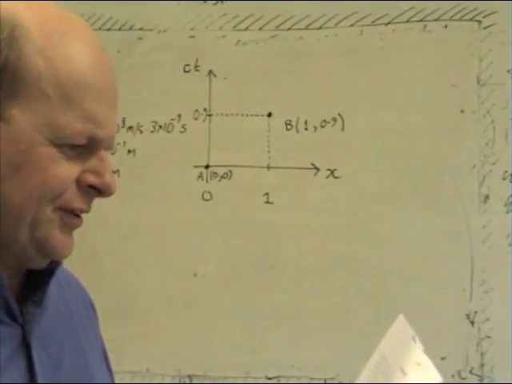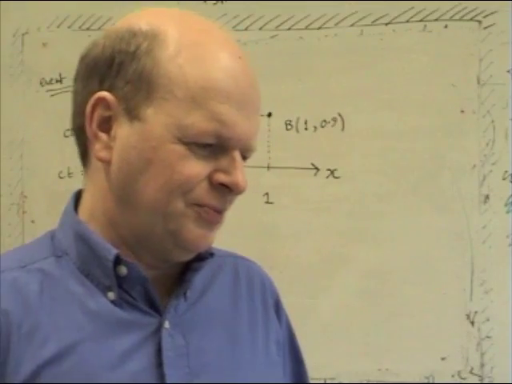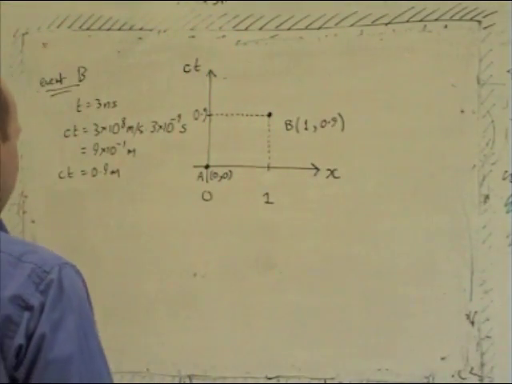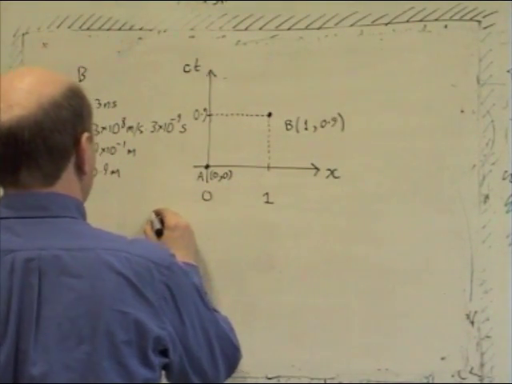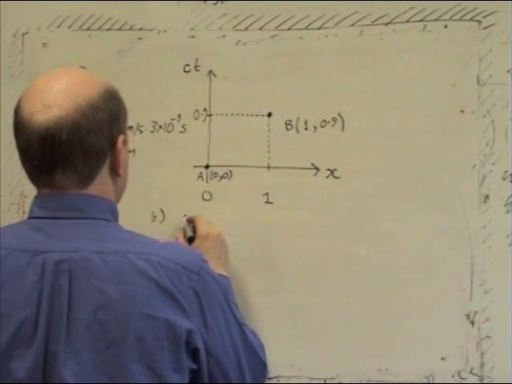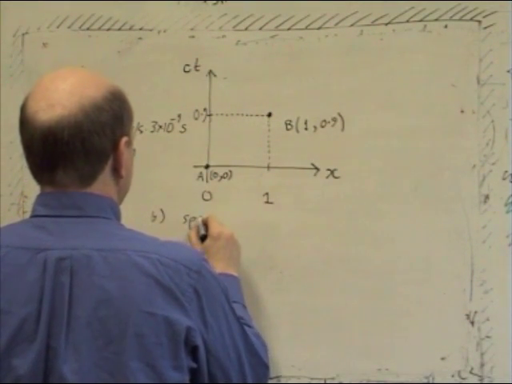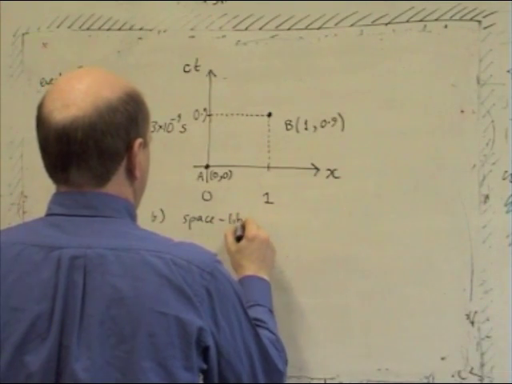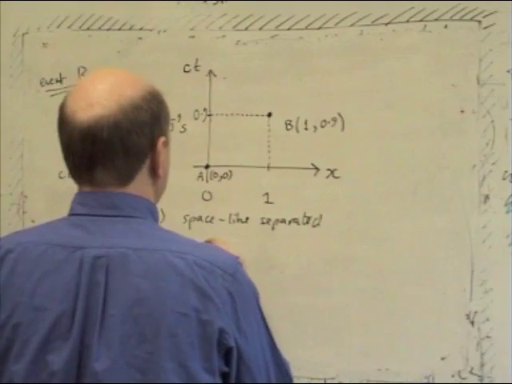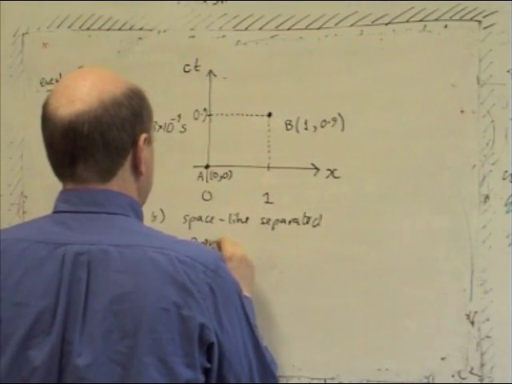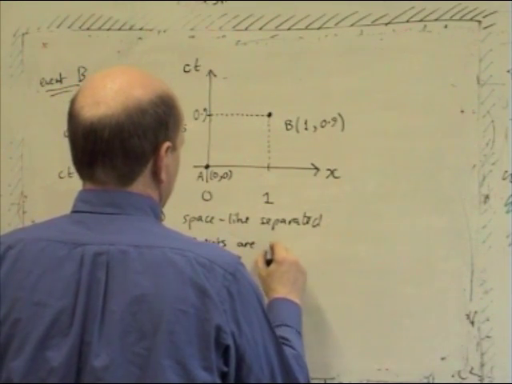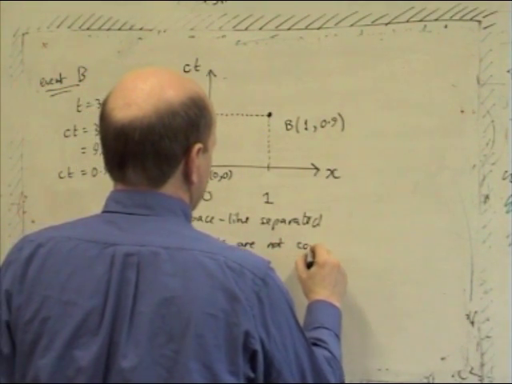So now I've done that, I can start answering the question. So part A, are the events space-like or time-like separated? Now if you remember from the course, when I talked about past, future and elsewhere, the definition of space-like separated was that events that are space-like separated are not causally connected.